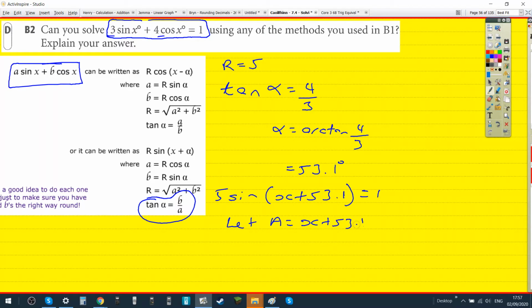Now we have 5 sine a equals 1. So sine a is equal to 1 divided by 5. So a equals sine to the minus 1 of 1 over 5, which is 11.5.